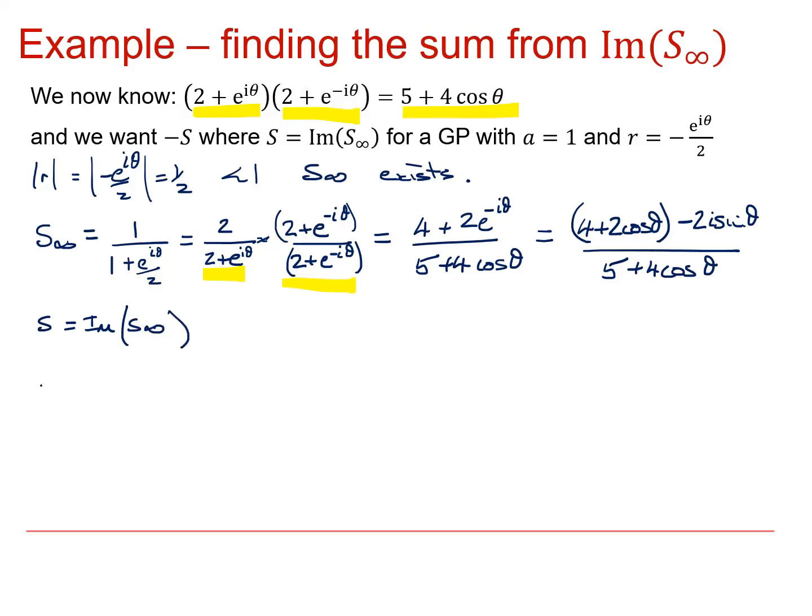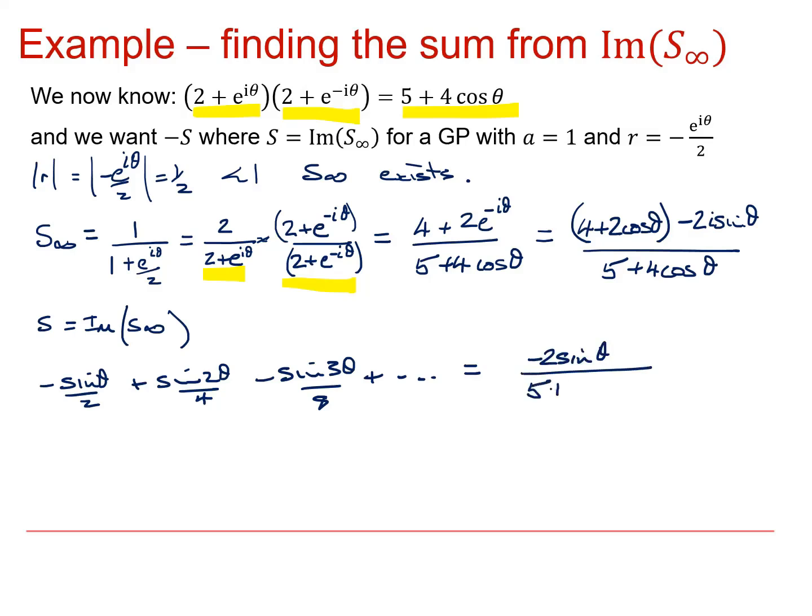So I'm going to get that minus sine theta over 2 plus sine 2 theta over 4 minus sine 3 theta over 8, etc., is equal to the imaginary part of this, which is just going to be minus 2 sine theta over 5 plus 4 cos theta.